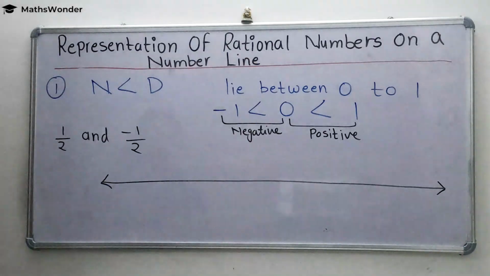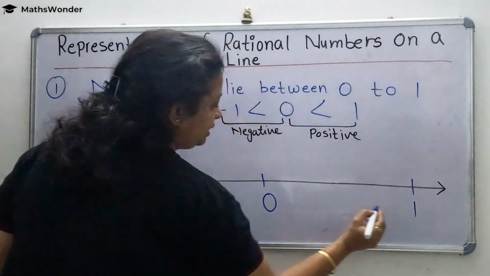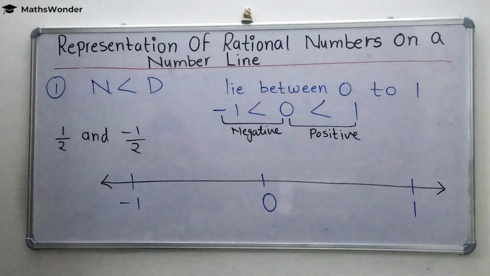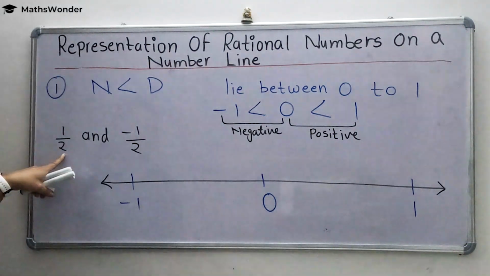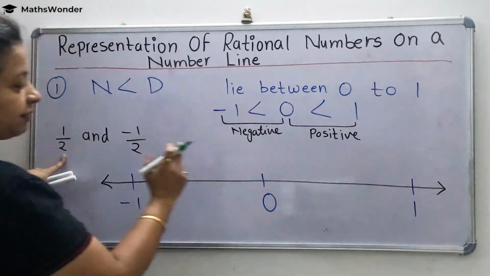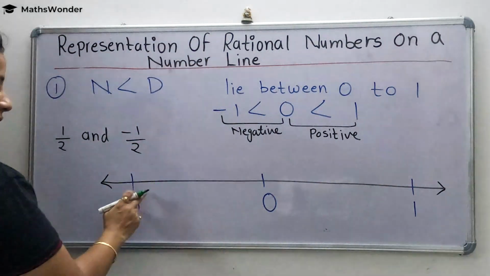As you know, there is a 0, here is 1, and here is -1. When you have to represent a positive rational number, it will lie between 0 and 1. When you have to represent a negative rational number, it will lie between 0 and -1.